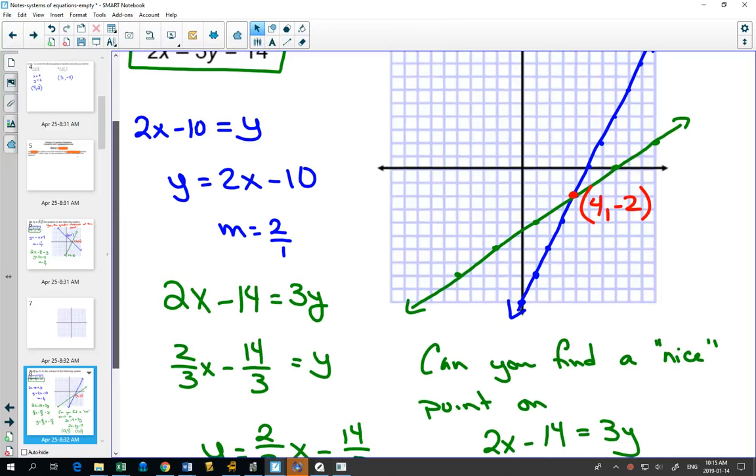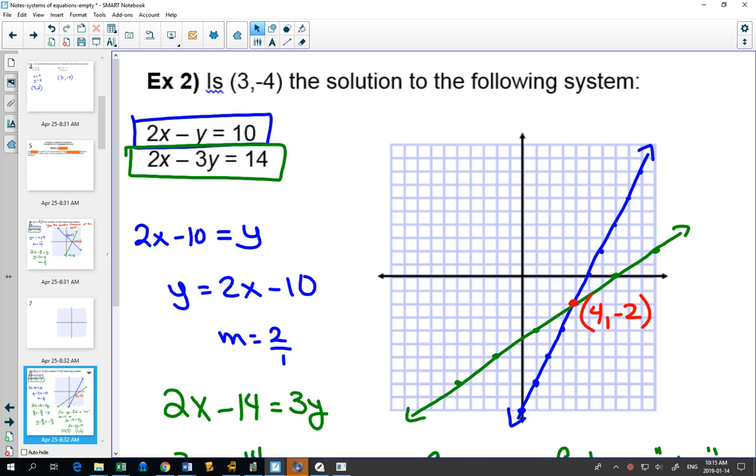So let's look at our original equations. What's 2 times 4? 8 minus a negative 2. Does that make 10? Yes. And 2 times 4, which is 8, minus 3 times a negative 2, which would be plus 6, is 8 plus 6, 14? Yes. So the solution is 4, negative 2.